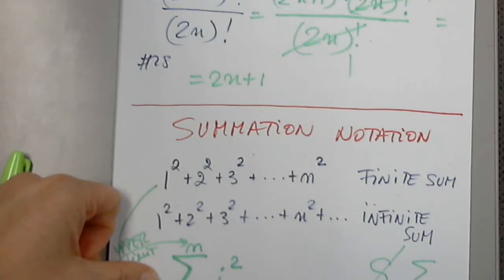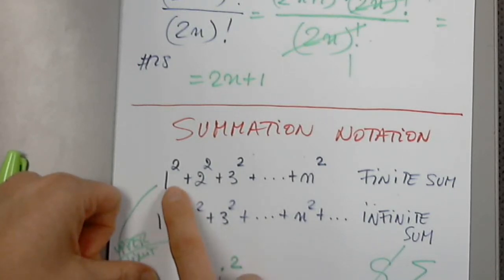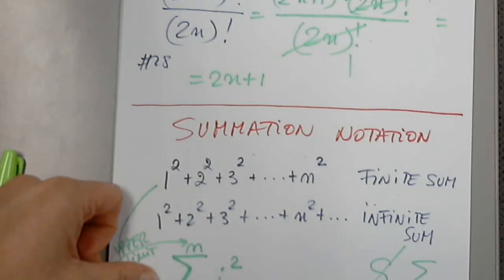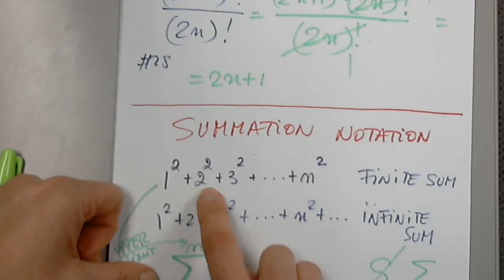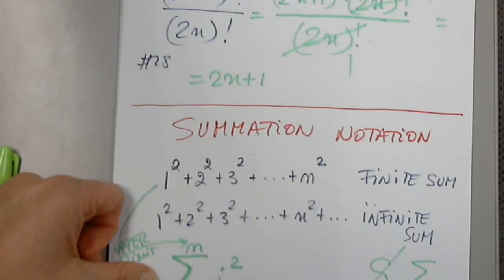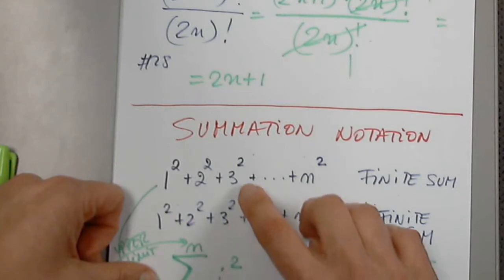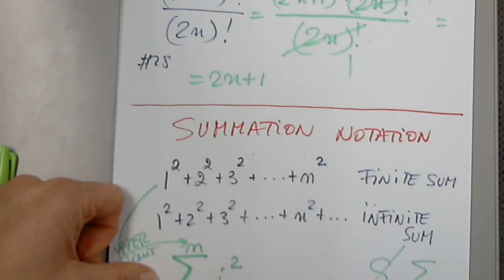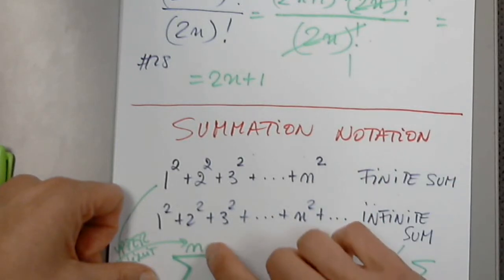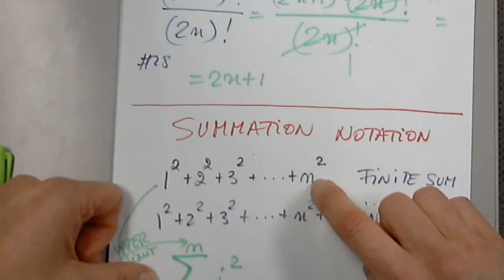When I is 1, I have 1 squared, and the sum says plus. When I is 2, then I have 2 squared, and then I have the sum that says plus. When I is 3, then I have plus 3 squared, and then the sum says plus. And I continue till I becomes n, and then I have to stop.